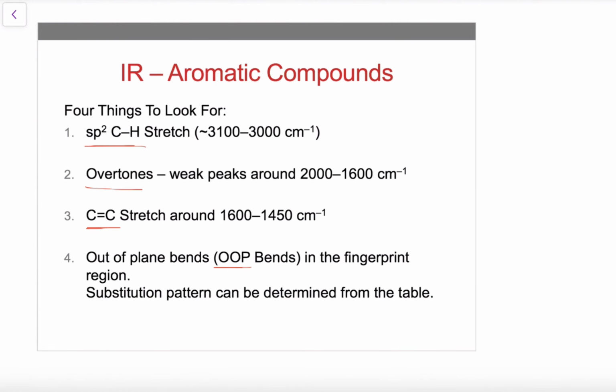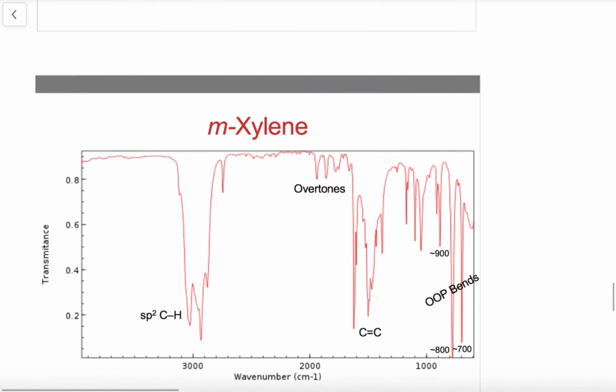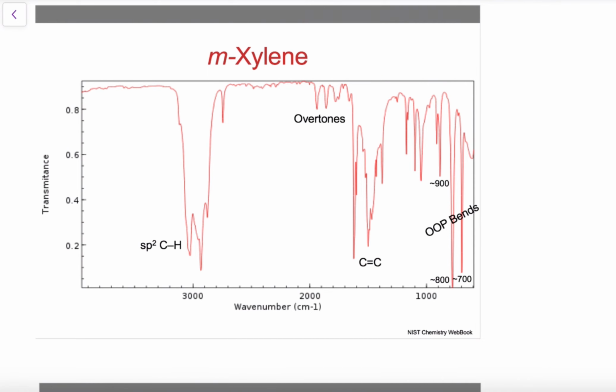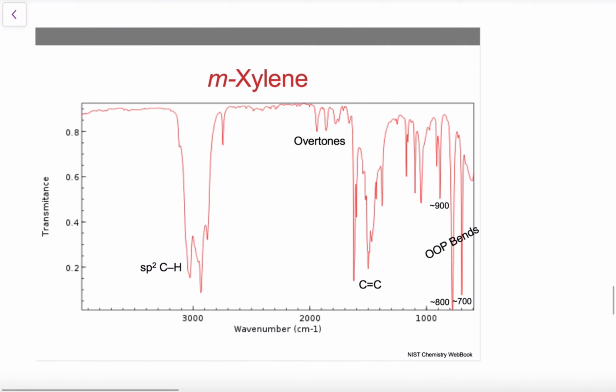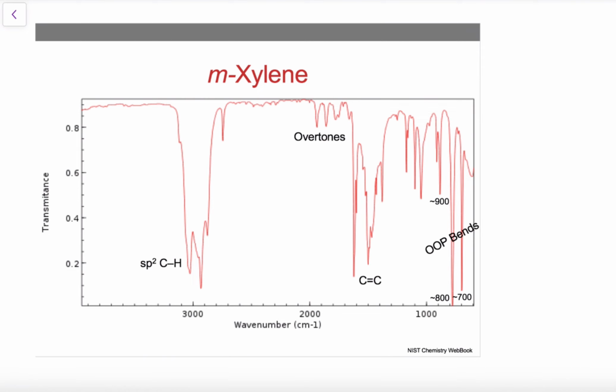So if we look at a spectrum of an aromatic compound, for instance, meta-xylene, this is what we're looking at. So notice that we have our sp2 CH stretch to the left of 3000, overtones, which are these peaks here. These are the overtones.